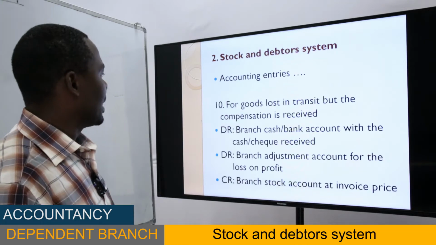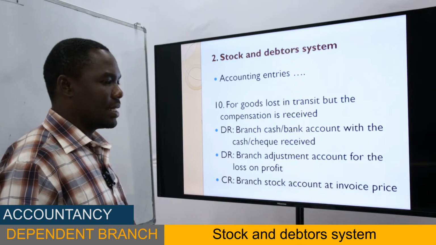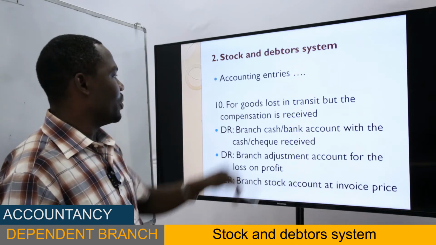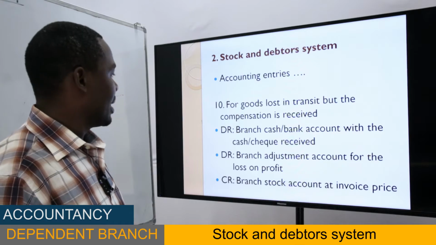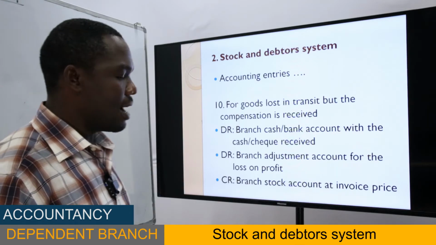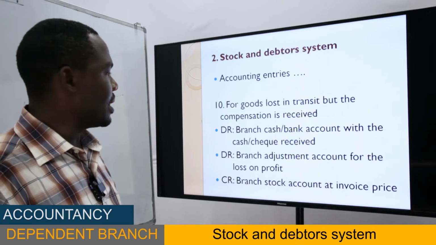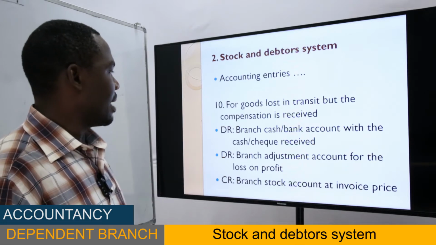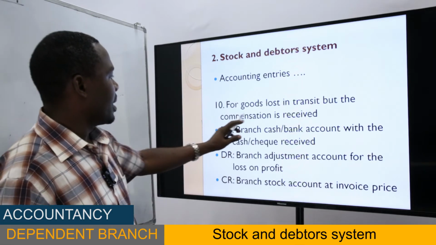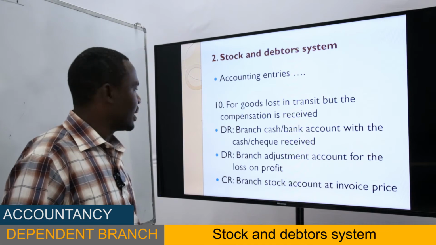What if there are goods lost in transit? This definitely will be a loss to the business. And normally, to have protection against any loss that may happen due to theft or any circumstances, the business may insure those goods.